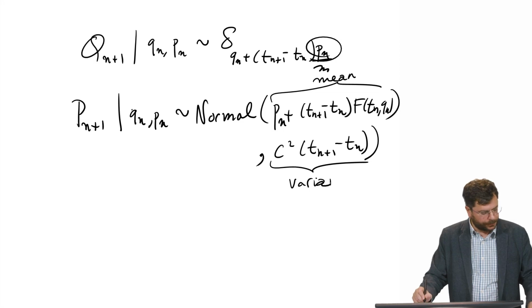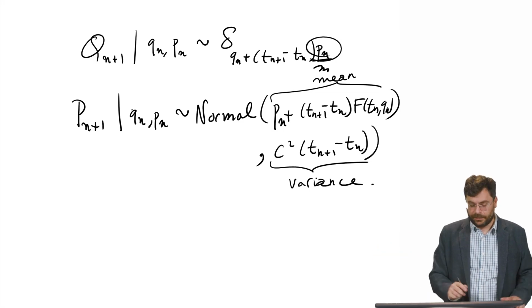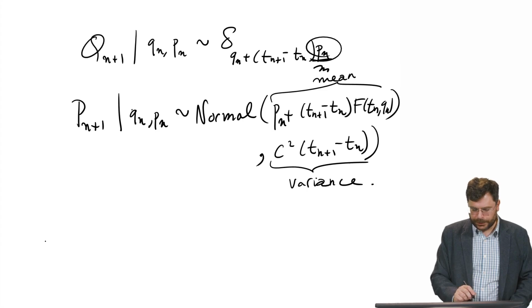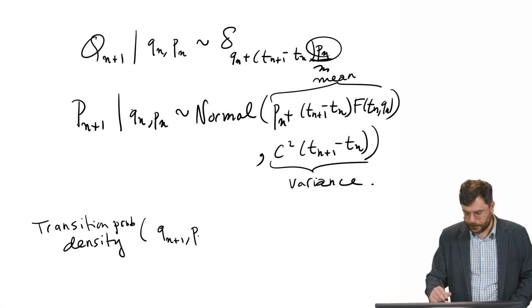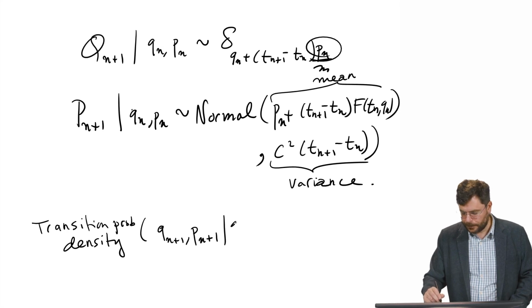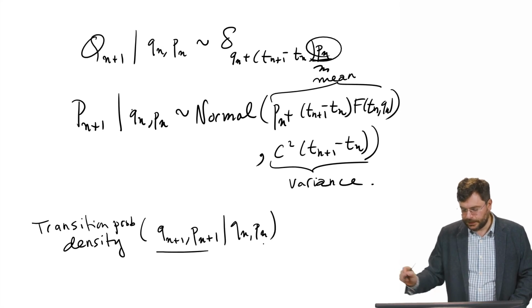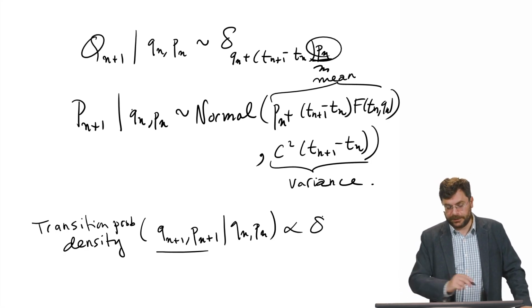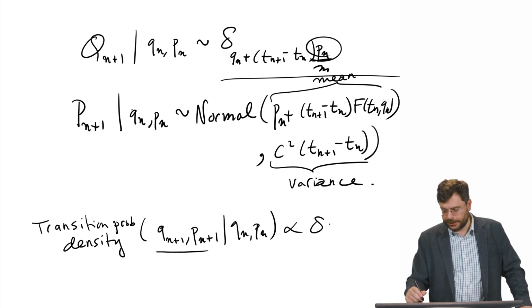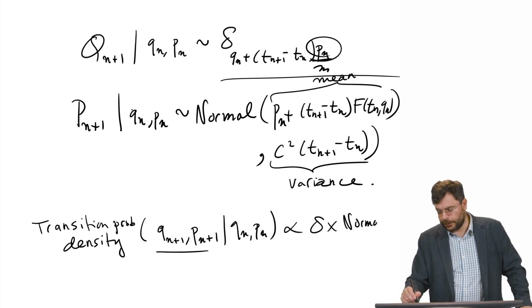That's the variance. So now if I were to write out the full transition probability density from qn and pn to qn plus 1, pn plus 1, that's going to be proportional to the product of a delta function for positions, multiplied by the normal.